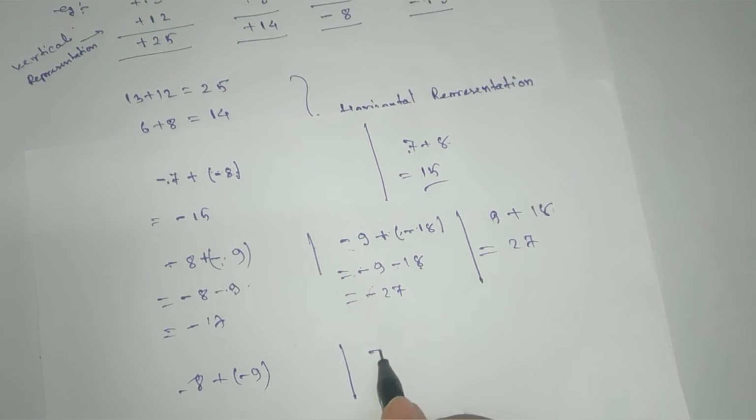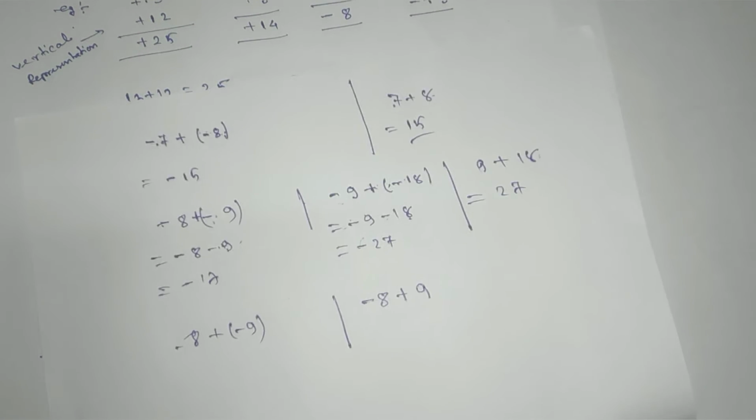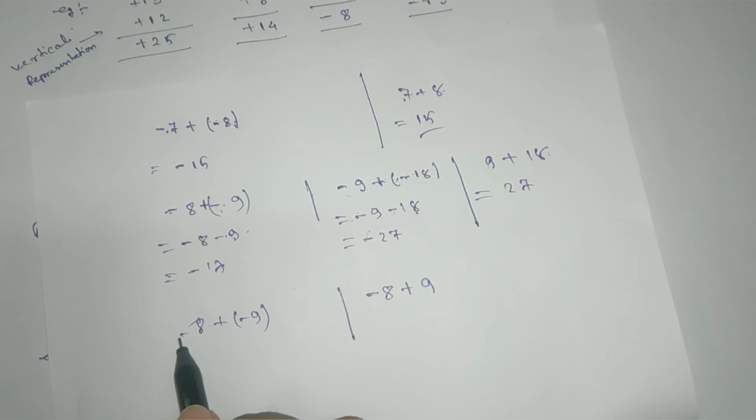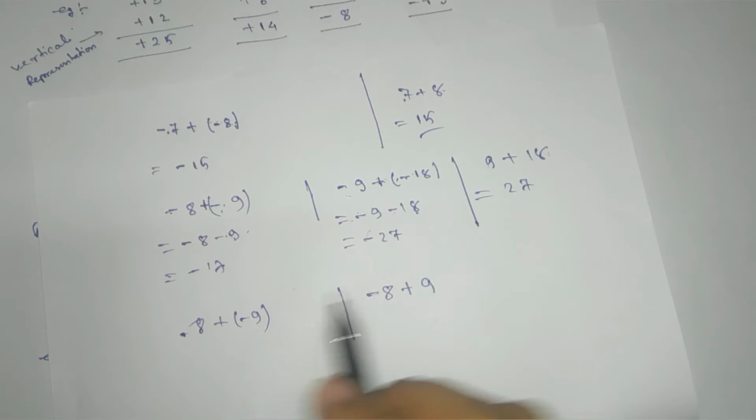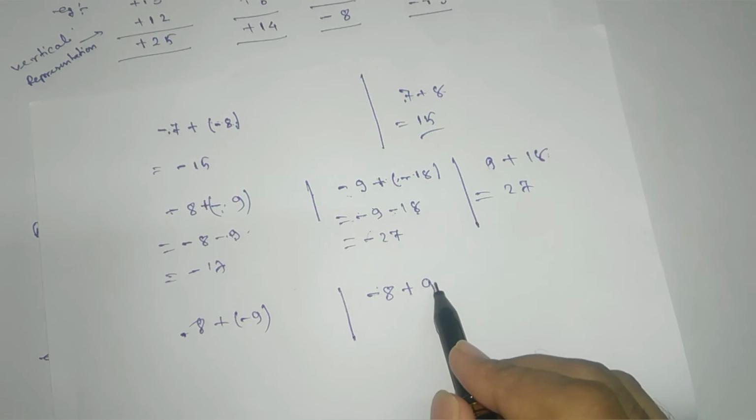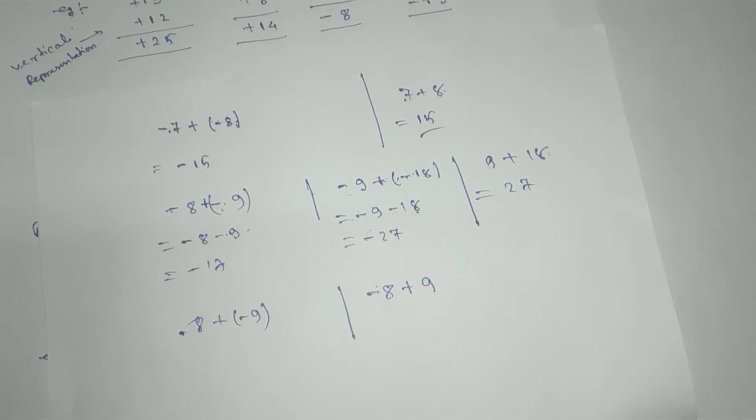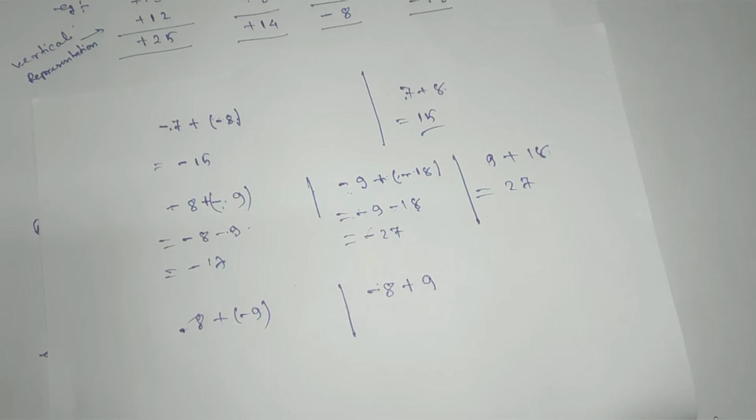Or if we have minus 8 plus 9, what are we going to get? Here one is plus 8 and another is minus 9, and another is minus 8 plus 9. Because both symbols are not the same. If both carry the same symbol, we first add and then put the symbol they carry.